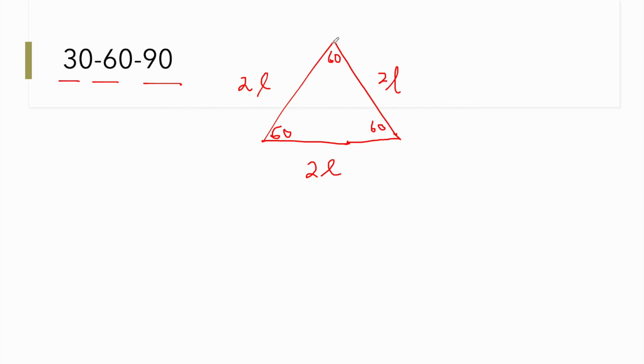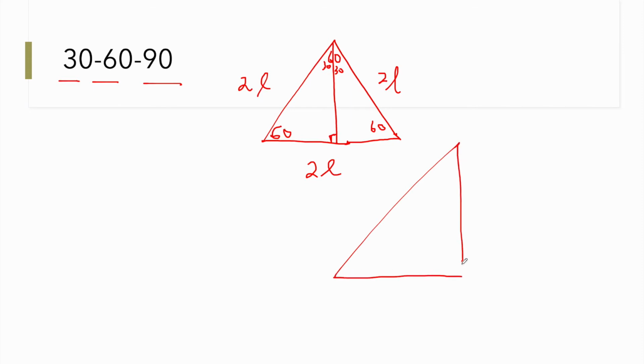We can put an altitude, 90 degrees here in our triangle, and it will bisect our angles to 30 and 30. This leaves us with a special triangle. I will draw the special triangle here.